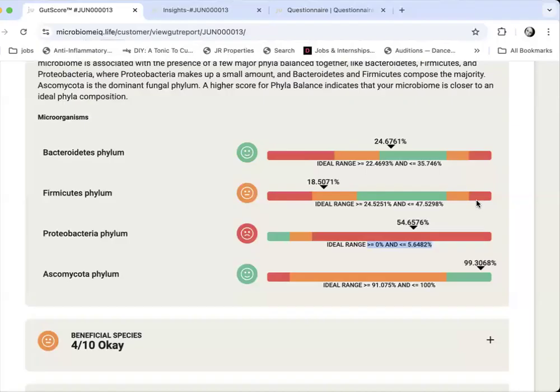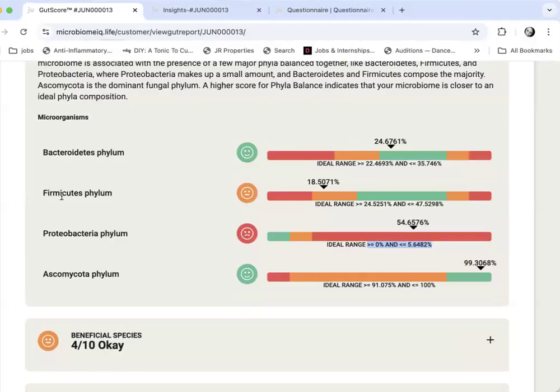So because coconut is mostly a saturated fat, if their saturated fat intake is high in general, regardless of the source, you may find that their Firmicutes levels are high as well. So those are some instances to look out for, insights that you can talk to your customers and clients about based off of these numbers alone.